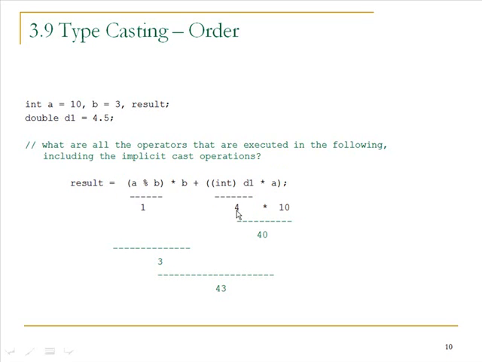Even though we had a double in here, it was downcast, so we have a 1 here, which is an int, a 40 here, which is an int. Let's do the multiply. 1 times b is 3. 3 plus 40 is 43. If it gets much more complicated than this, then the author of this statement should have thought of a better way of doing this. But you do have to be able to evaluate arithmetic expressions, including ones that have different data types and cast operators.